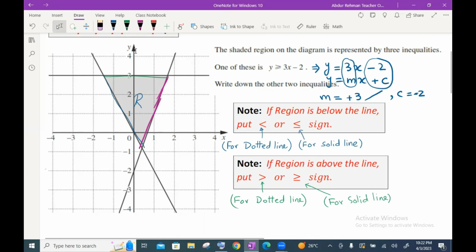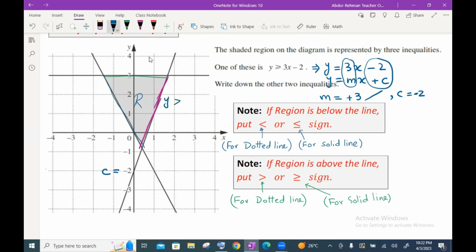C is the y-intercept here. So minus 1, minus 2. This is minus 2. The y-intercept is minus 2 here. Write down c here. C is minus 2 and the line is rising towards the right-hand side. So the gradient is positive 3 here. So this is the line.